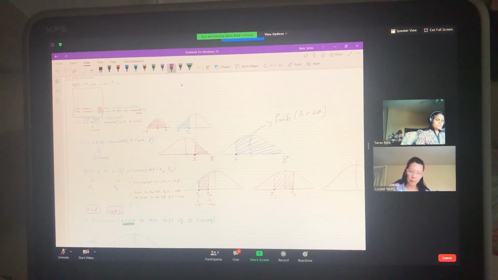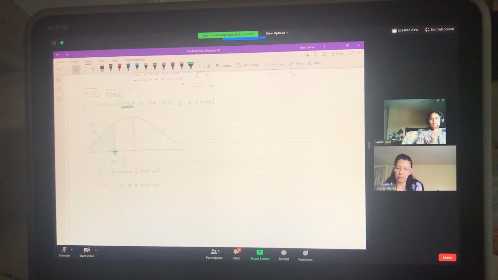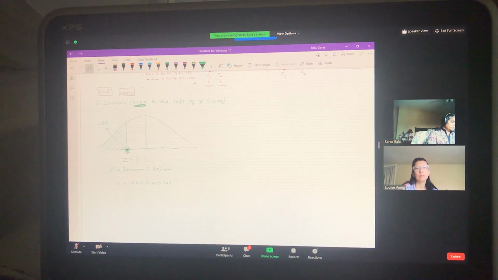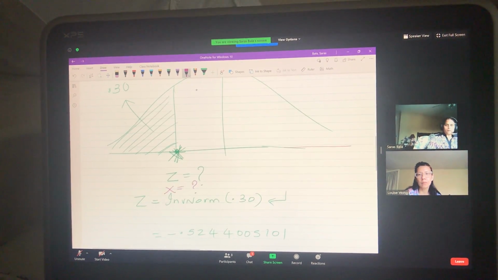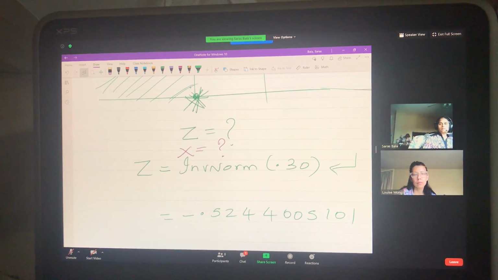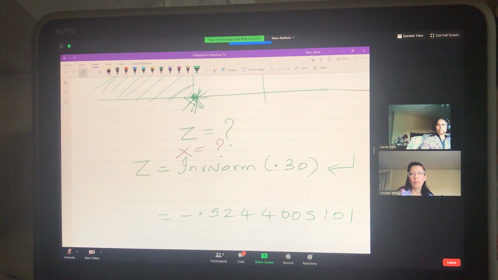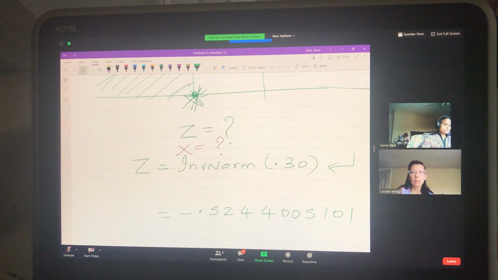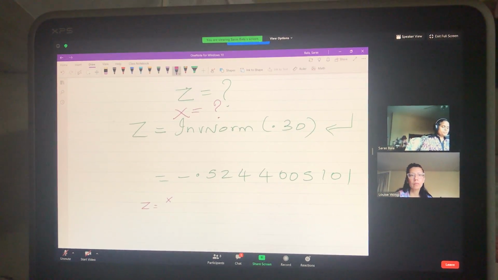Sometimes with your Z-score, your answer is not 100% done. You still have to work out the X score. Suppose your mu and sigma are given in the problem, you need to do the algebra to get your X score, because you need to get the cutoff point, right? Once you get the z-score, you still have to work with the z-score formula, which is x minus mu over sigma.